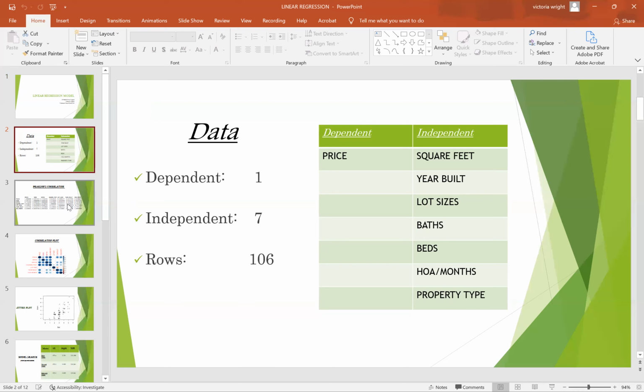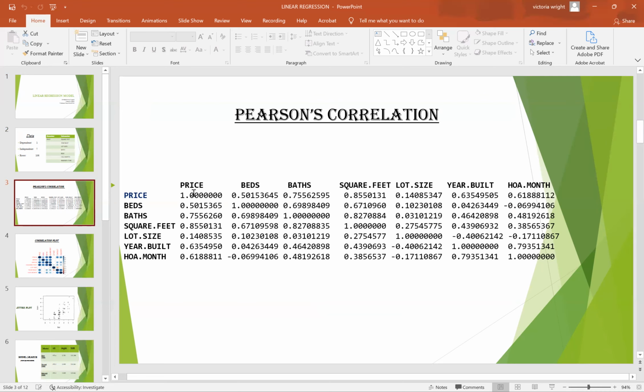And the Pearson correlations. I use this to see the relationship between variables. As you see over here, square feet is 0.855, that's the biggest number compared to the other numbers.